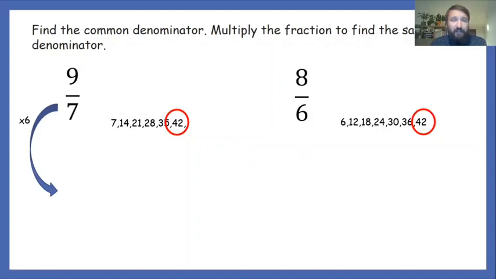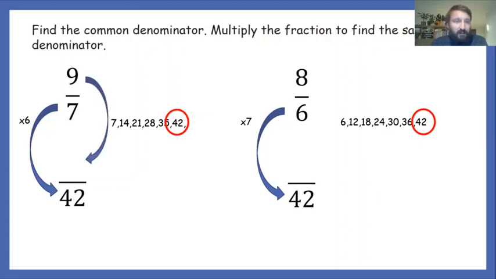Okay, and if we recall from a previous session, that whatever we do to the denominator, we do to the numerator likewise. So here we go. 7 times 6 gives us 42. 6 times 7 gives us 42 as well. Let's have a look. 9 times 6, because we're doing the same operation here. 9 times 6 and 8 times 7 there. 9 times 6, tell me what.